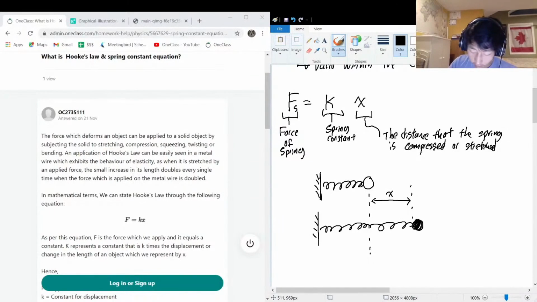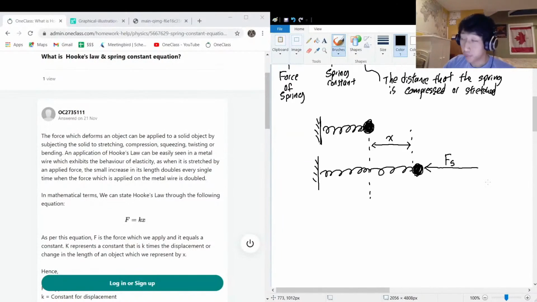Let's make the plunger ball black so it's a little bit more clear. And we know that the farther you stretch it back, the more of a force it's going to apply. Now, which direction is the force? The force is always towards the center line, or towards the natural position of the spring. So in this case, Fs would be this direction.